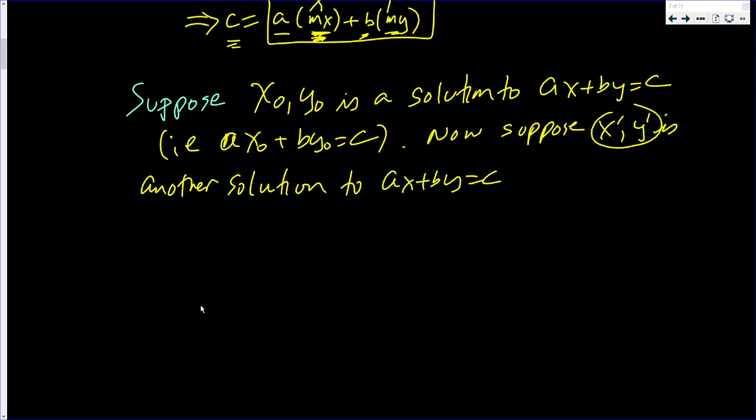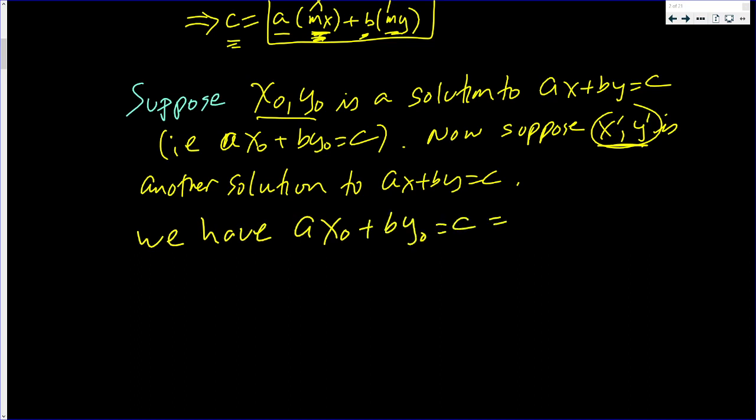Okay, now, if both this and that are solutions, we have that ax0 plus by0 is c, but c is also ax prime plus by prime. That is, this equals that.